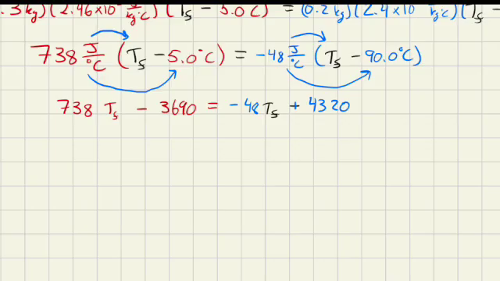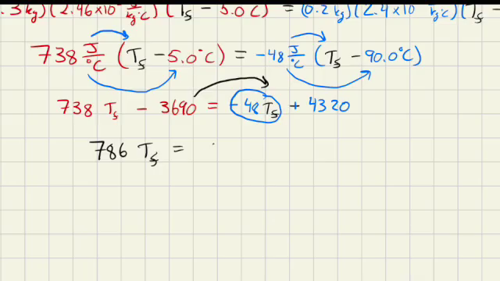We still need to isolate for TF. So we need to bring one of the TFs over to the other side. I'm going to move this one just because it's negative and it's going to turn to a positive. And I like addition more than subtraction. So 738 plus 48 is 786 TF. And that's going to equal, if we move this over to this side, 4,320 plus 3,690.